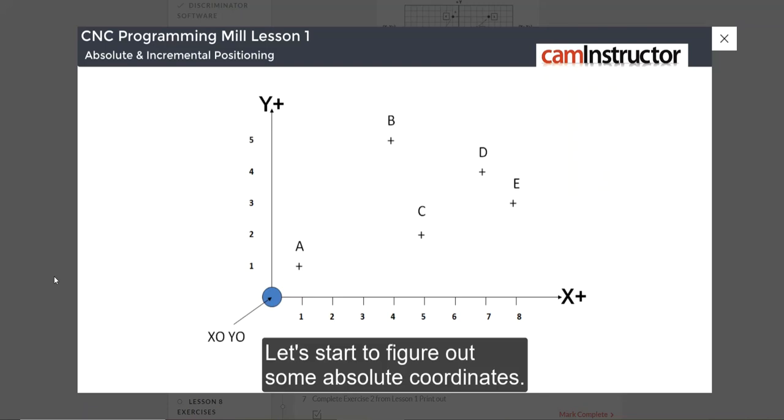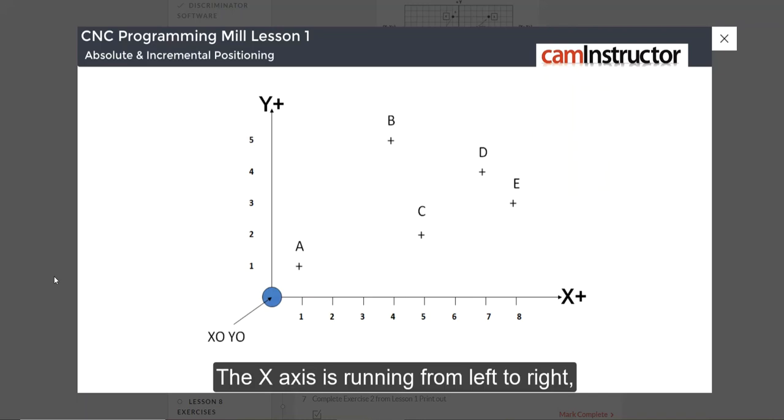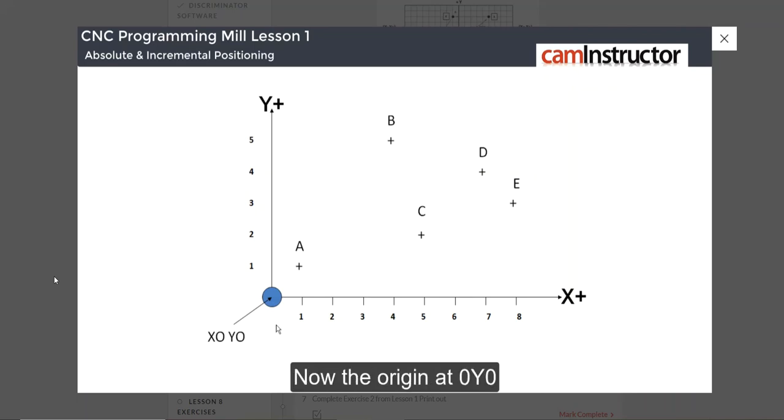Let's start to figure out some absolute coordinates. The X-axis is running from left to right horizontally on the screen. The Y-axis is lying vertically, and the Z-axis is shooting along perpendicular to the screen. Now the origin, X0, Y0, is in the lower left of the screen.